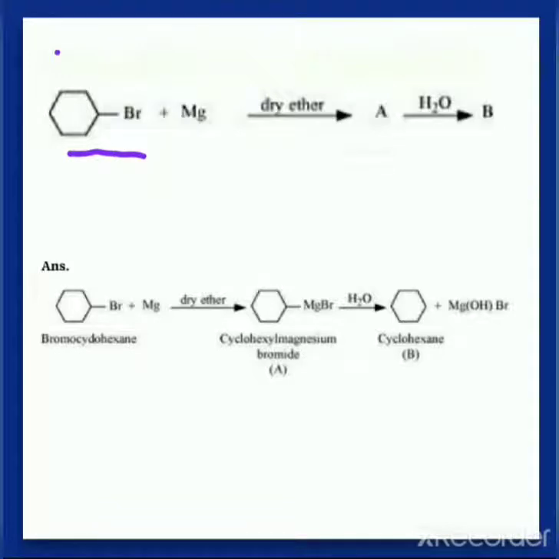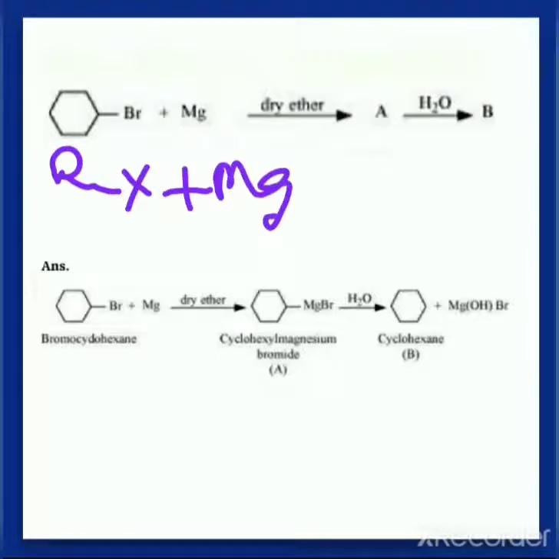We can represent it as RX plus Mg, magnesium. So that means you need to compare this equation, that is the reaction of haloalkane with magnesium, so reaction of RX with Mg. Now that is in the presence of dry ether.